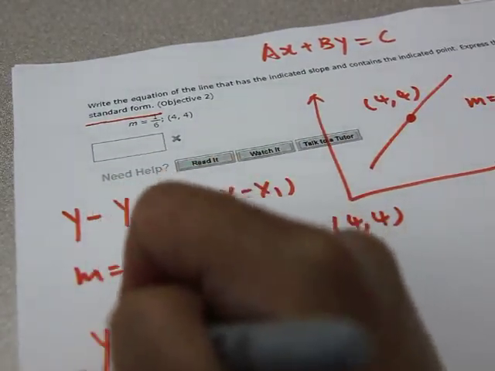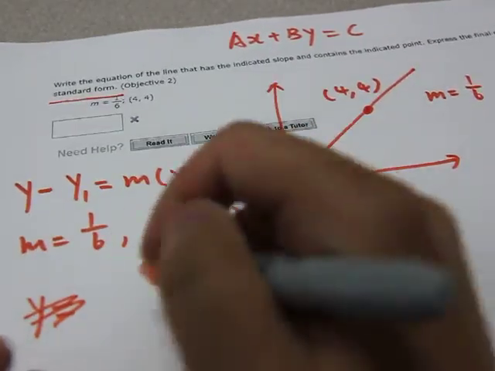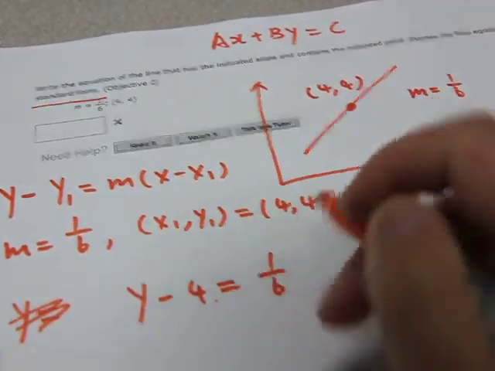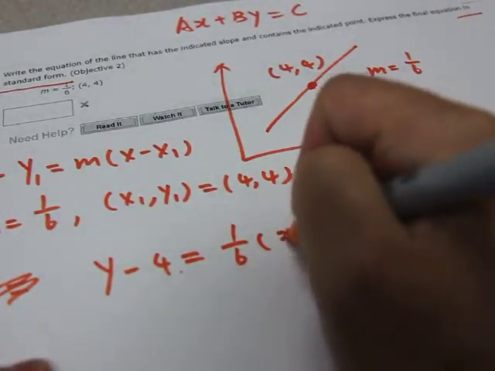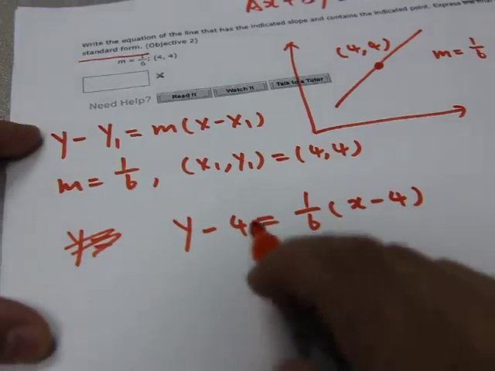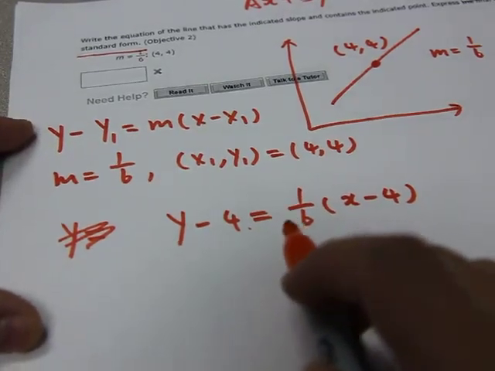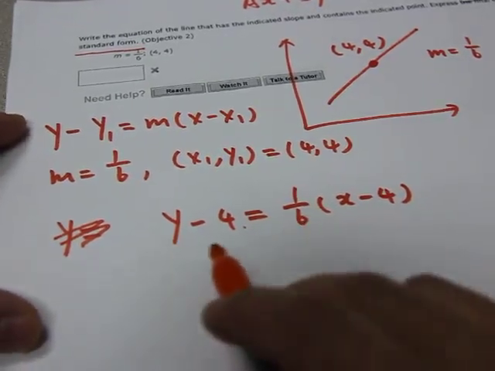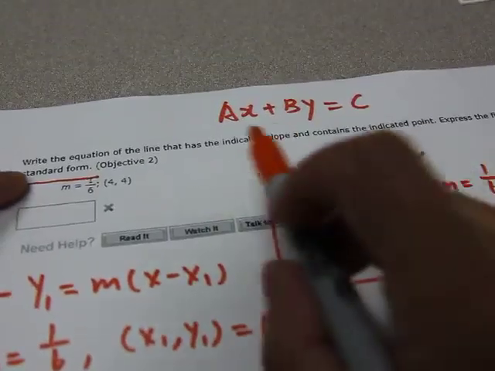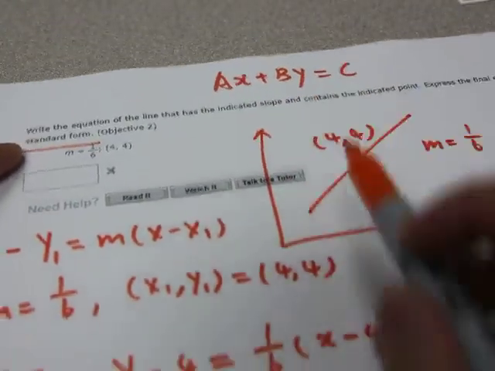So the equation of the straight line is going to be y minus 4 equals 1 over 6 times x minus 4. Now, after we found this equation, we need to convert the equation into this standard form.